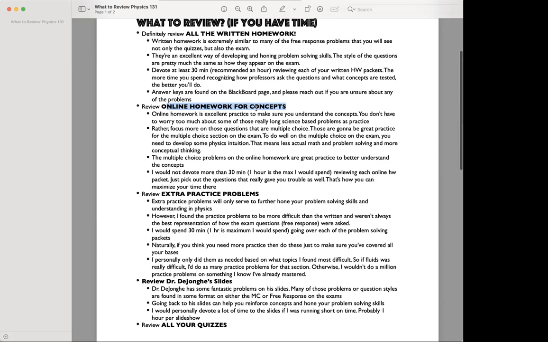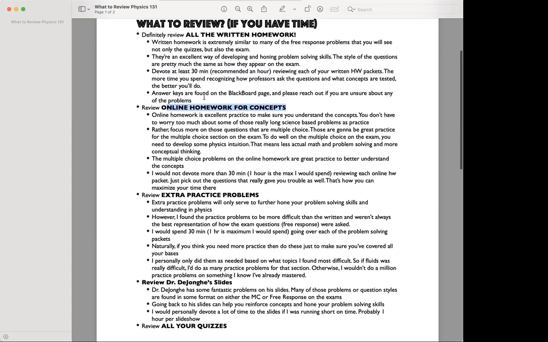So they put things into context and ask you questions that are MCAT-esque. That's the gist: they're trying to give you a context for physics in the health science and medical field. Those are going to be really long-winded and not representative, but they're really good at helping you practice and understand the concepts. So I would definitely review those if you have time.